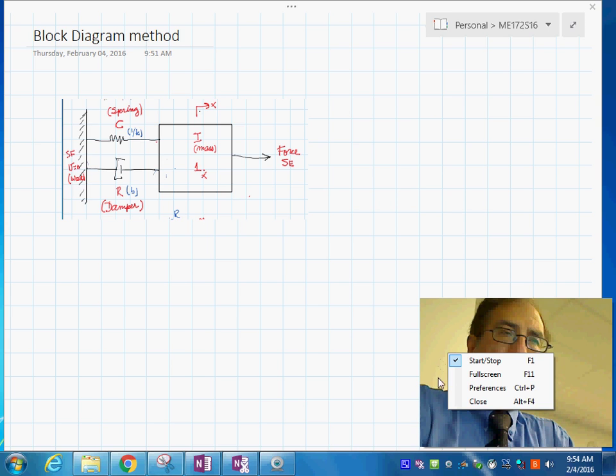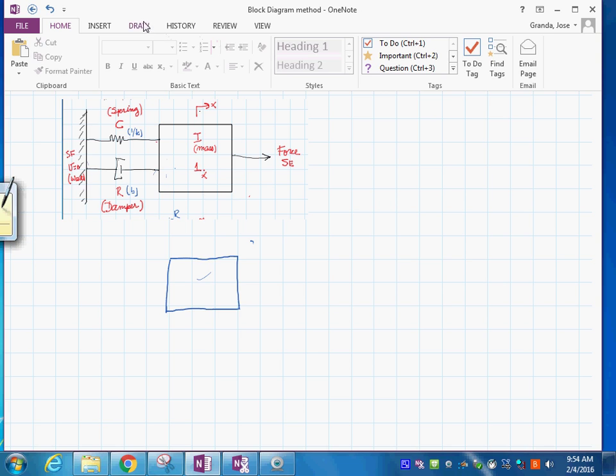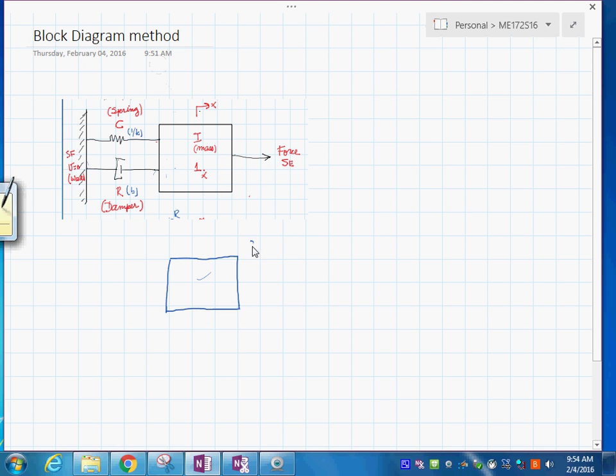So here we go. This is the mass, and around the mass we are going to put the forces that we need.